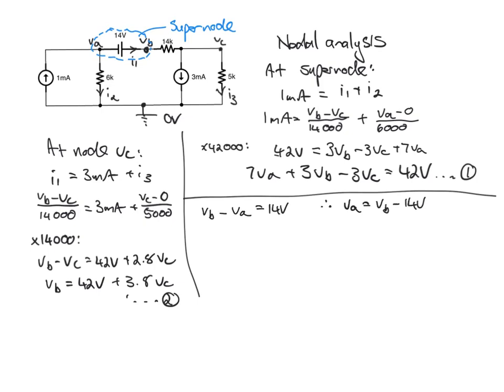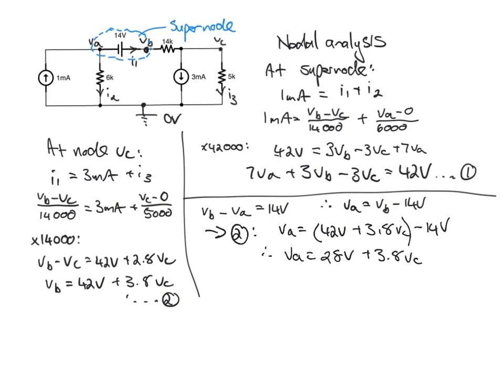So if we substitute VB for what we got in equation 2, then we get VA is equal to 42 volts plus 3.8 VC minus 14 volts, and so VA is equal to 28 volts plus 3.8 VC, and we'll call this equation 3.